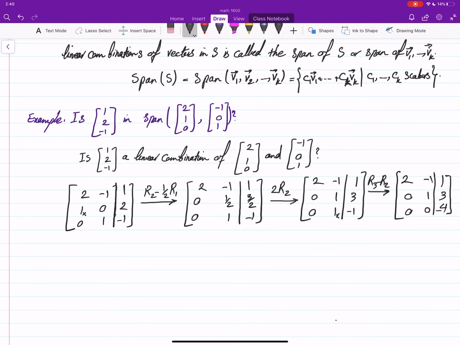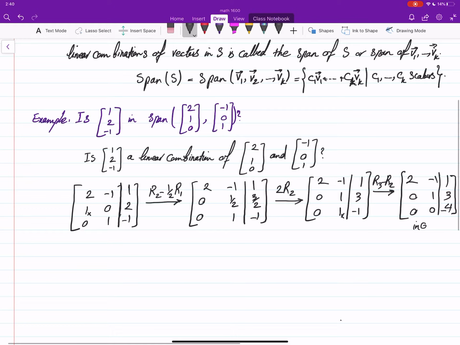You see right away that this is inconsistent. That means there's no way to write this vector as a linear combination of these two vectors, so it is not in the span.